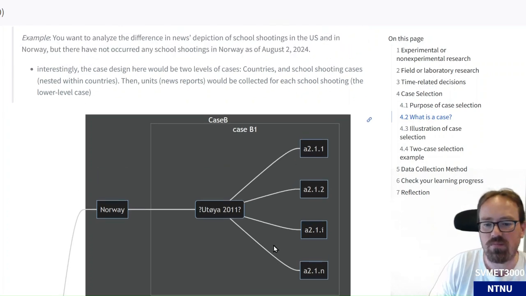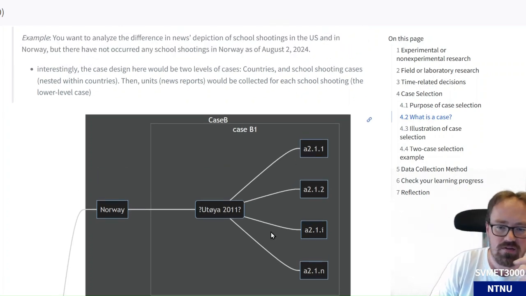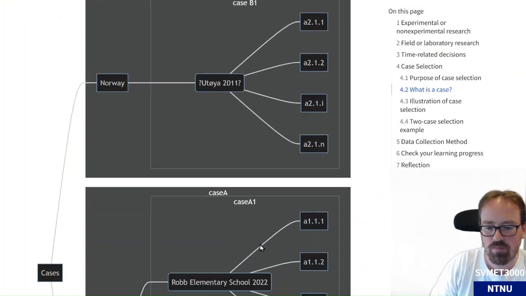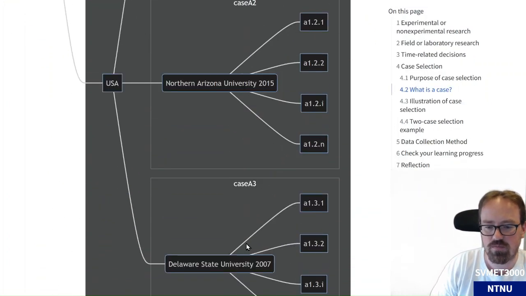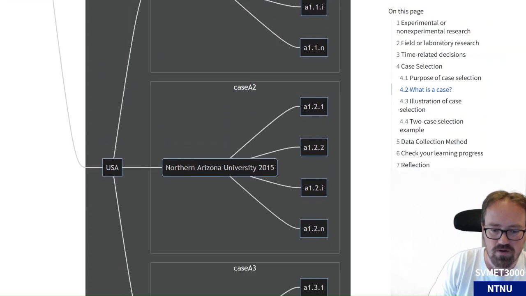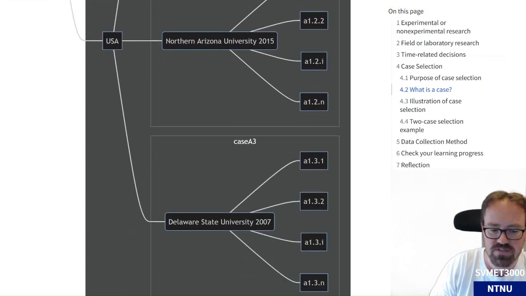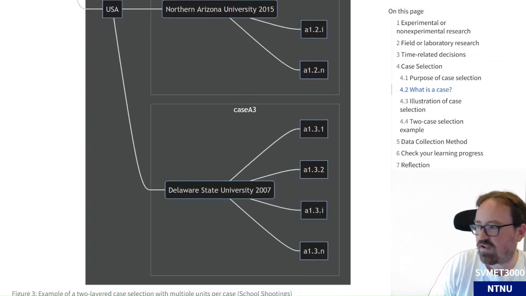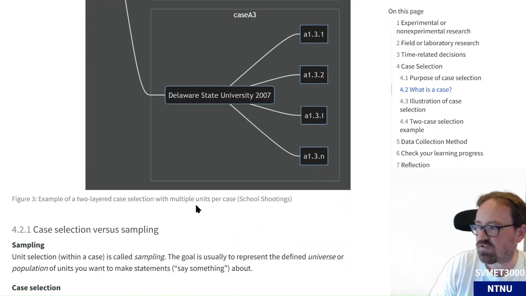But for comparability's sake, it's suboptimal that there's only 1 case, and that's not even a good fit to compare with 3 cases from the US, and you could pick like 25 or so cases from the US without problems. Okay, good. So this is an example of a 2-layered case selection with multiple units per case. Good.